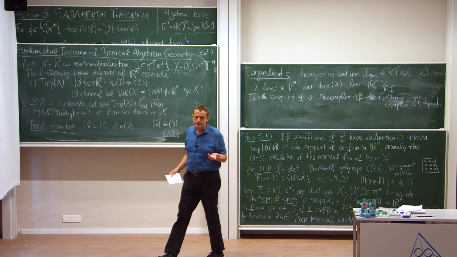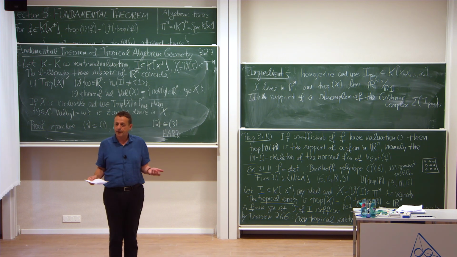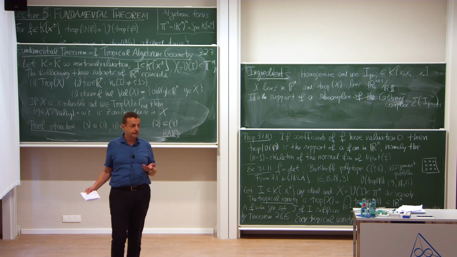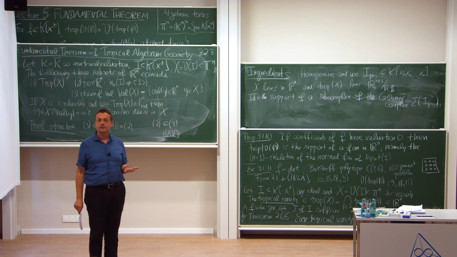That's because the property for an initial ideal to contain a monomial or not depends only on what the initial ideal is. The Grobner complex is a stratification of W space such that the initial ideal is constant on each stratum. That was the definition of Grobner complex.